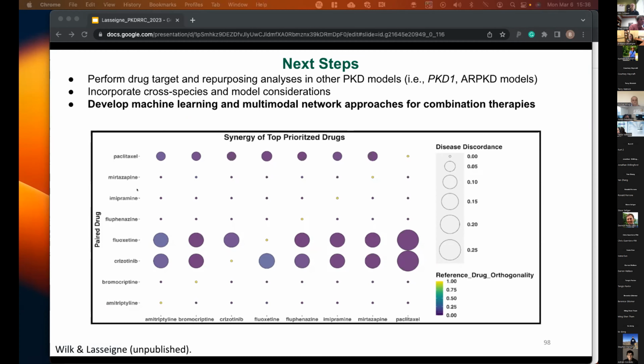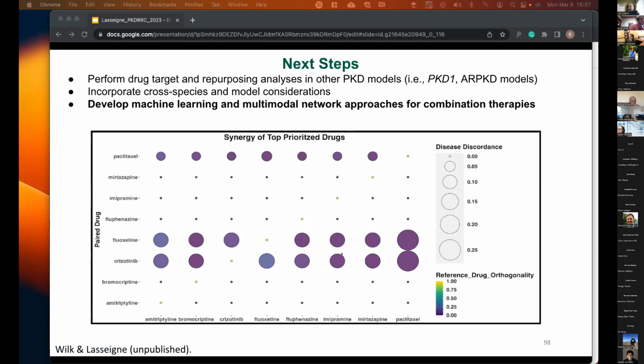And so where they intersect is our prediction of whether or not those genes have orthogonality. So meaning that they are very different from one another and perturb very different genes, and whether they have discordance. So meaning that one drug would reverse part of a profile and the other drug would reverse a different part of the profile.